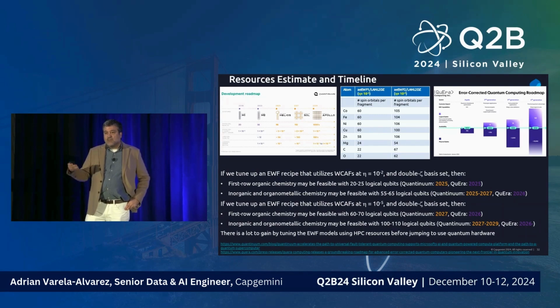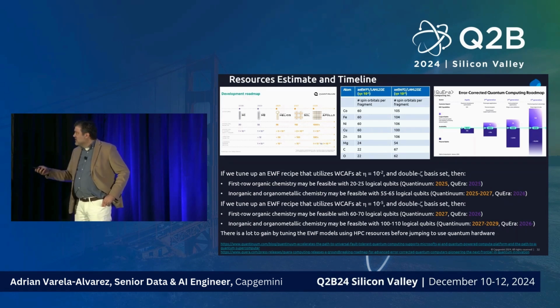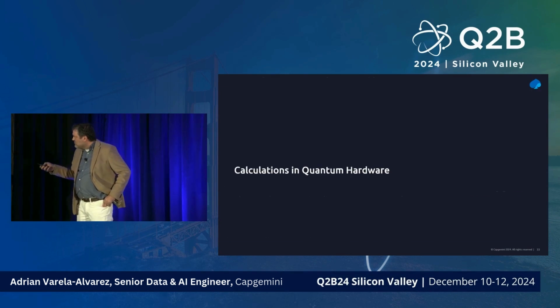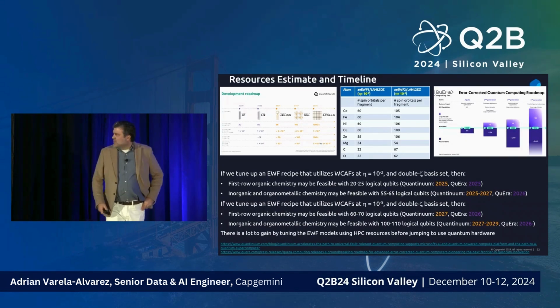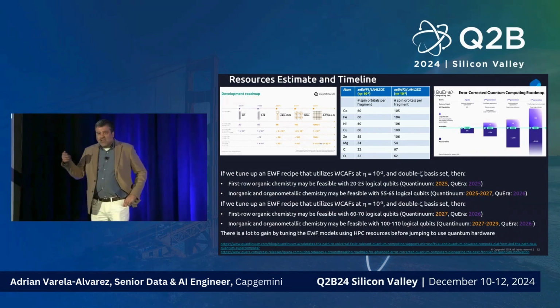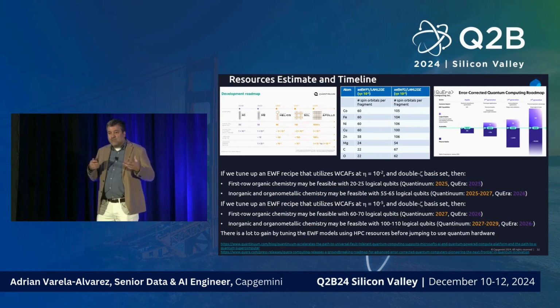The algorithms are improving. With VQE, probably we will never be able to run something that requires something like 30 logical qubits, because the circuit is so deep that you cannot run that.